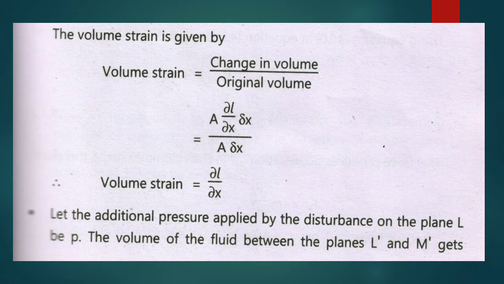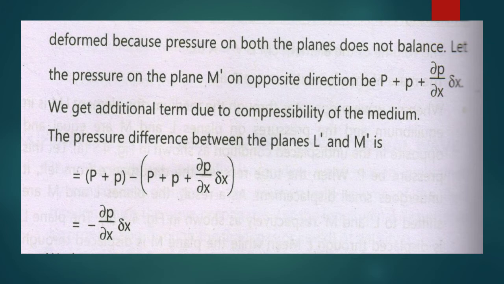Volume strain is given by the change in volume to the original volume. Now, change in volume A ∂l/∂x into delta x, divided by original volume, that is A into delta x. Therefore, volume strain is equal to ∂l/∂x. Let the additional pressure applied by the disturbance on the plane L be P. The volume of the fluid between the planes L dash and M dash gets deformed because the pressure on both the planes doesn't balance.